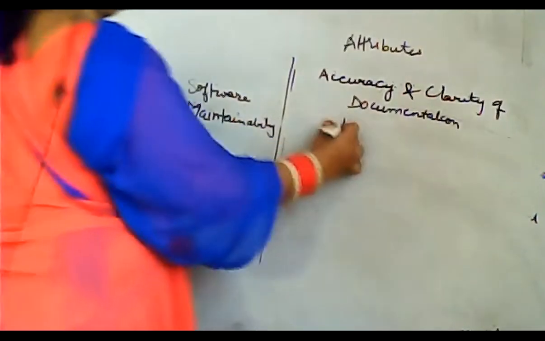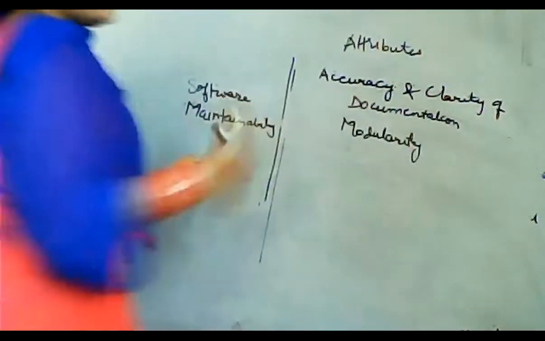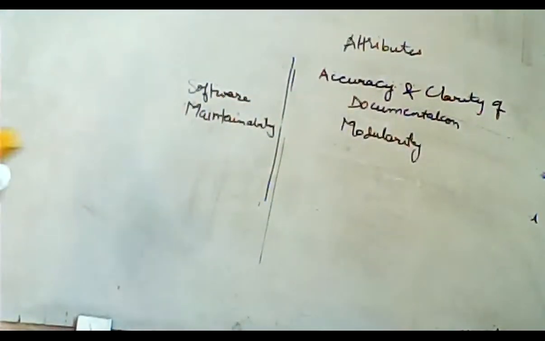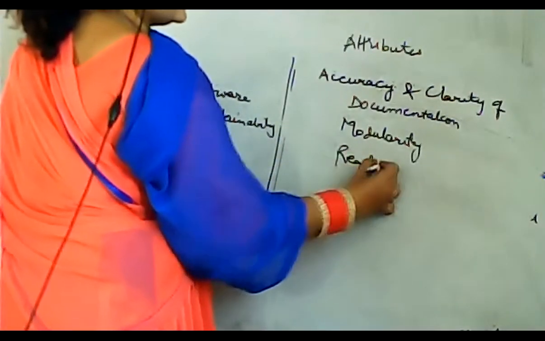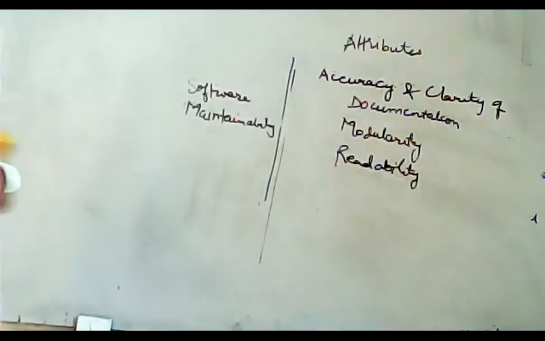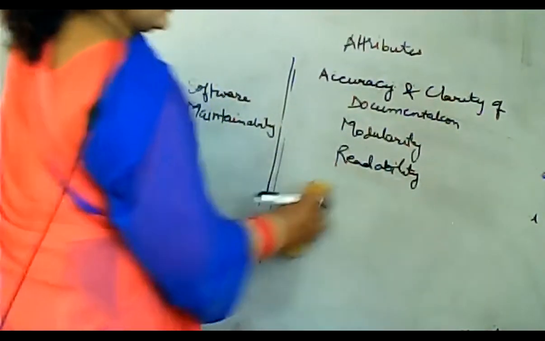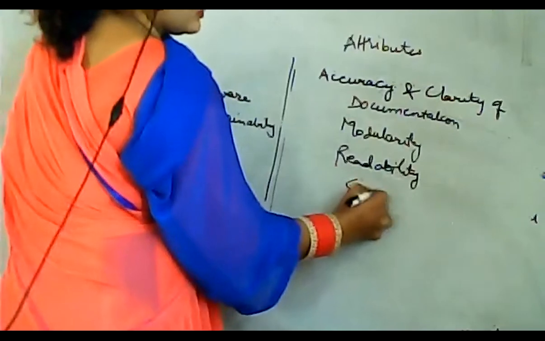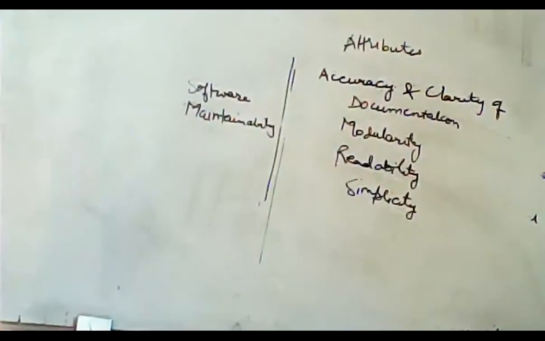Modularity should be there. You should be able to understand the various modules for maintaining that software. We are able to read those things, readability should be there, and simplicity. We are able to understand the concept. Okay. So these attributes define the maintainability.